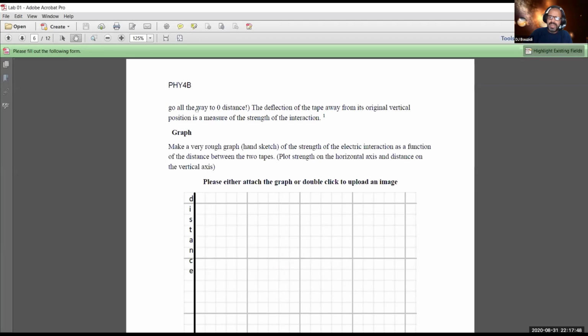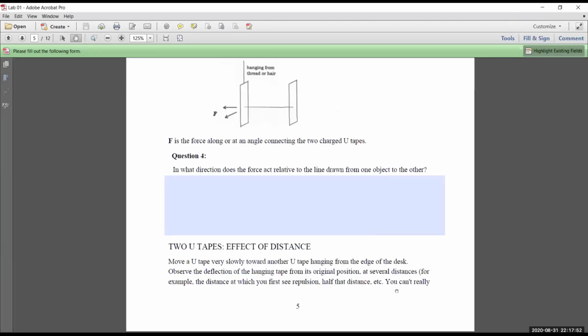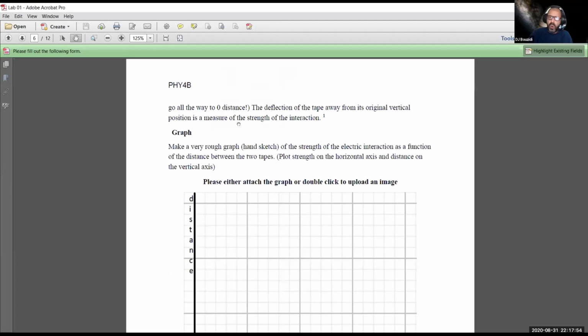Make sure that they stay away. You can't really go all the way to zero distance. So don't make them touch one another, because there are some other weird things that would happen. Two point charges should not really be touching one another, okay? So we're going to stay away from that.